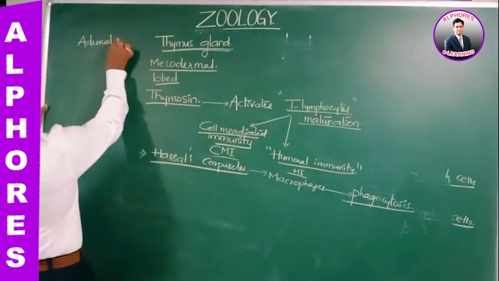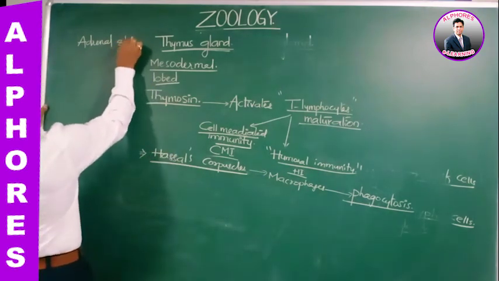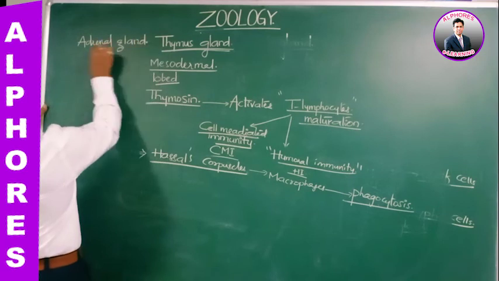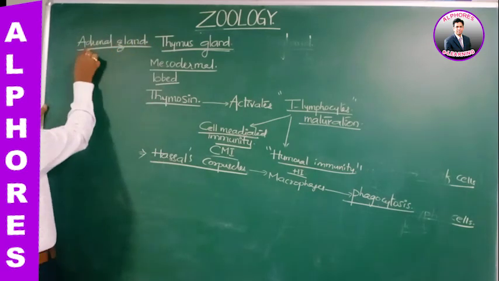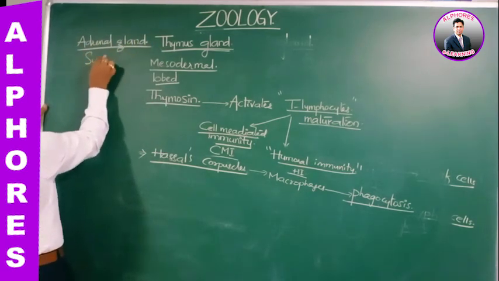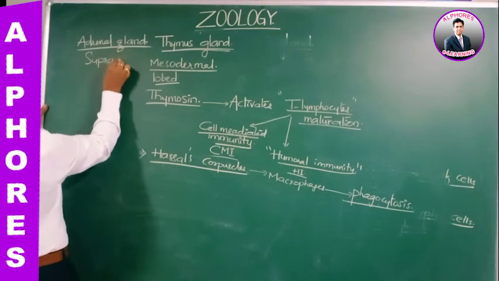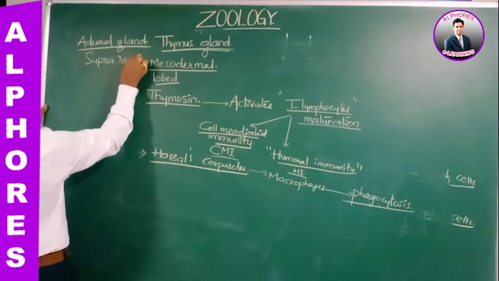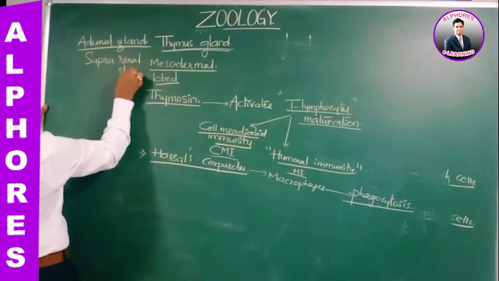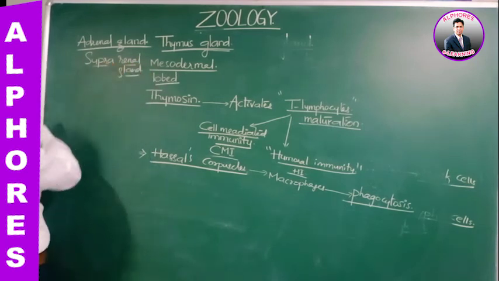Now it is the adrenal gland. The adrenal gland is considered to be the suprarenal gland. What do you mean by this?